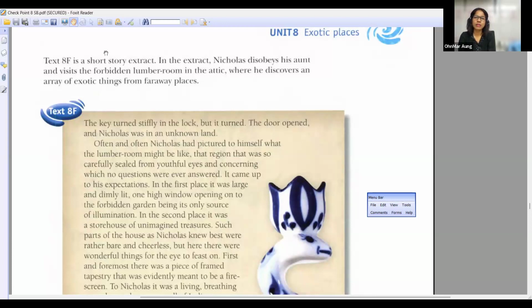What is the meaning of exotic? Strange and unusual things from faraway places. So he found some strange things in that unused room.